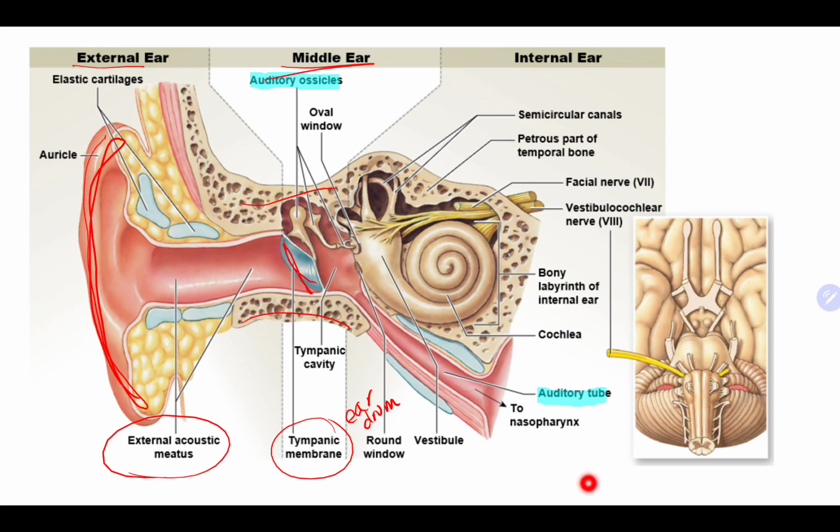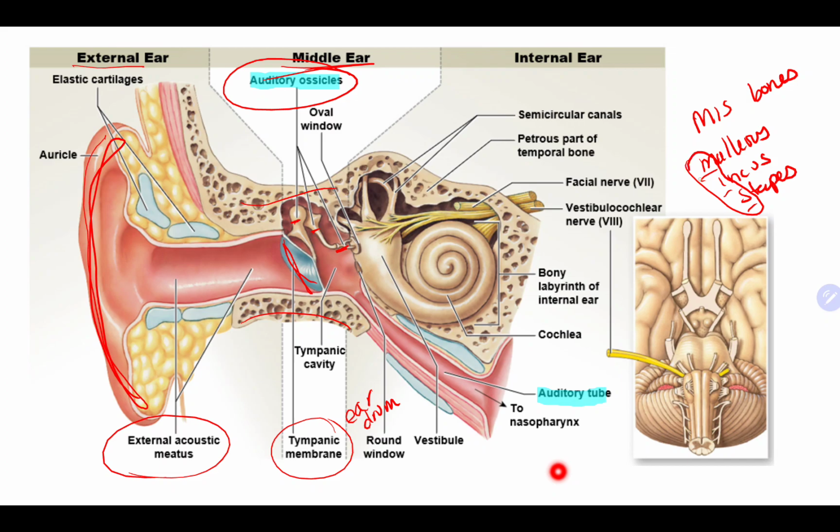In the middle ear, we're going to have these MIS bones: the malleus, the incus, and the stapes. They're going to be in the middle ear. These are called the auditory ossicles. I say MIS bones because it's M-I-S, but they are our auditory ossicles.